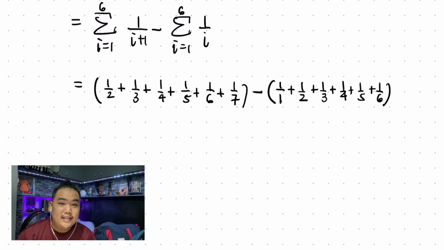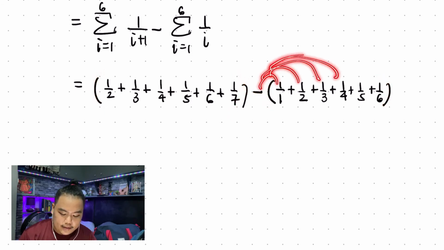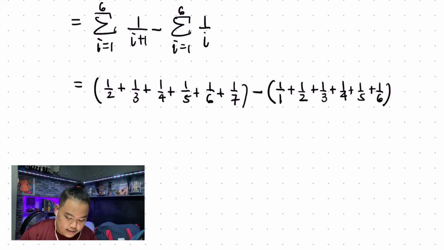Okay? At ito na yung interesting part dito. Makikita nyo na merong mga nagka-cancel. This sum minus this sum. Kasi diba, i-distribute mo pa yan. So, alin yung mga nagka-cancel dyan? 1/2 minus 1/2.